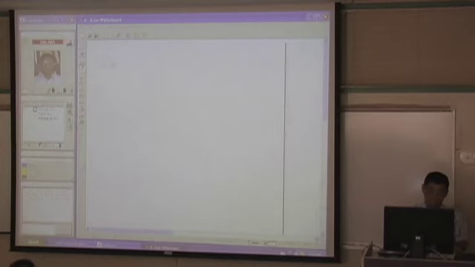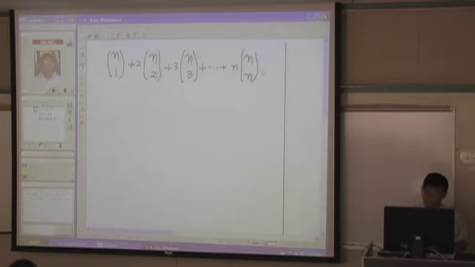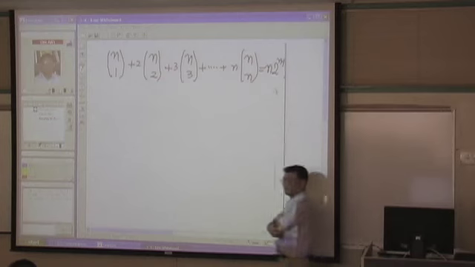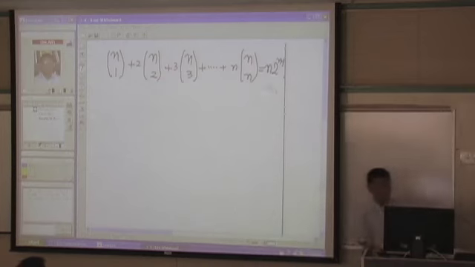Prove that... So as you can see, it is very tough. The n minus 1. That's right. I will rewrite it in the next line.